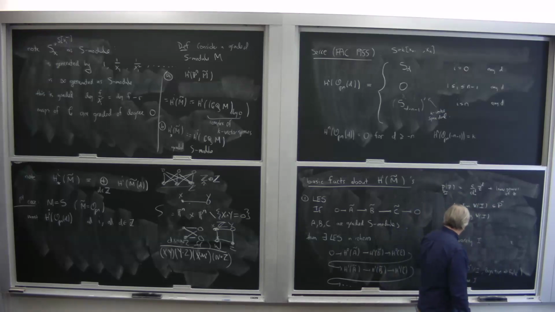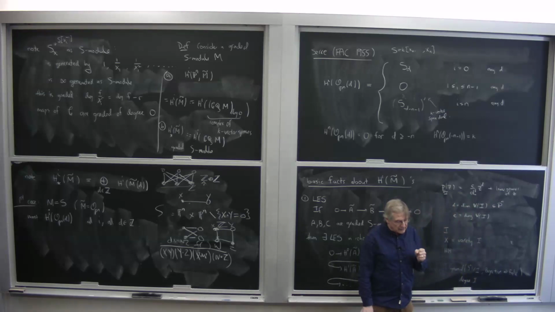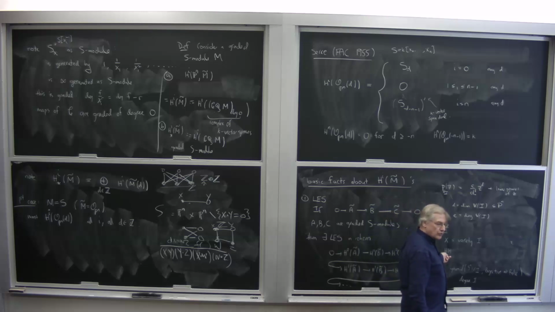And now, if I just type HH, so there are no single letter things in Macaulay 2, that would be annoying to use up all the single letter things. But HH is how you do cohomology.